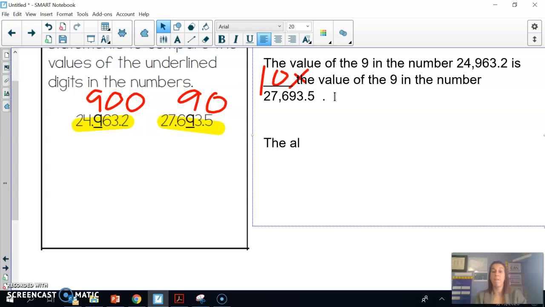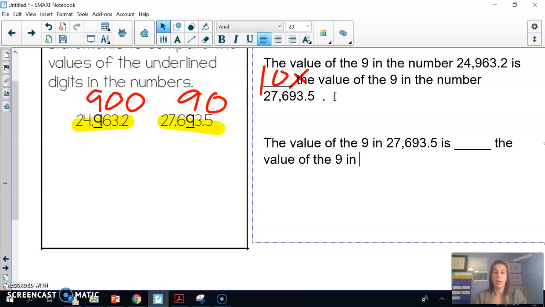So I will write the value of the 9. Now, I first did the first number, so I'm now going to switch it. The value of the 9 in 27,693 and 5/10 is blank the value of the 9 in 24,963 and 2/10.